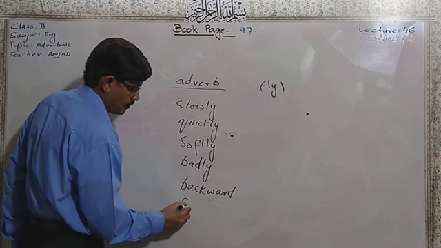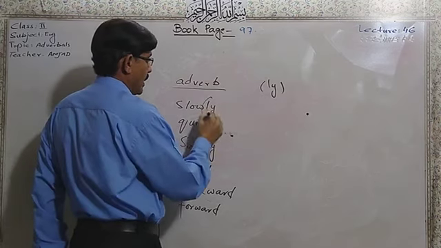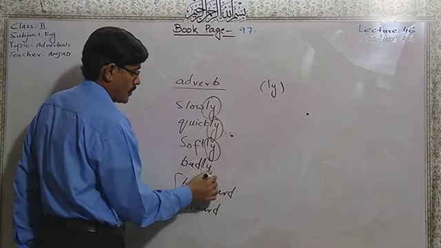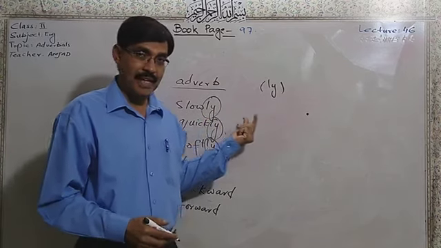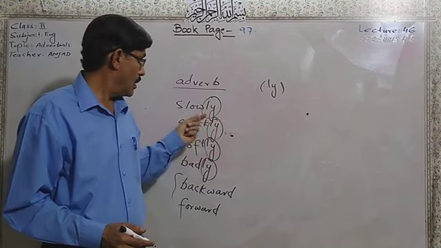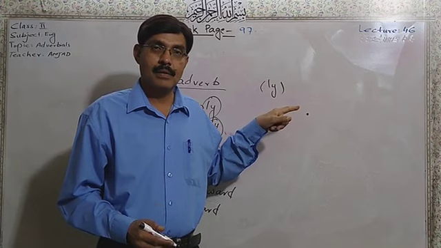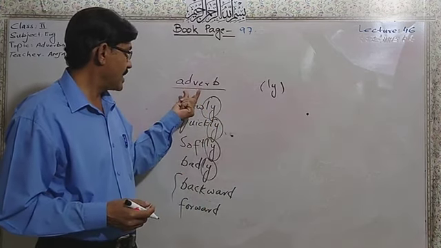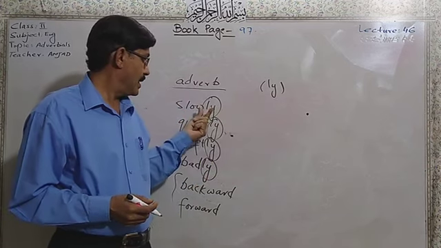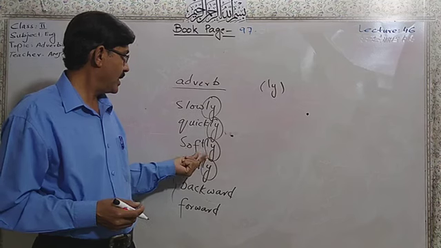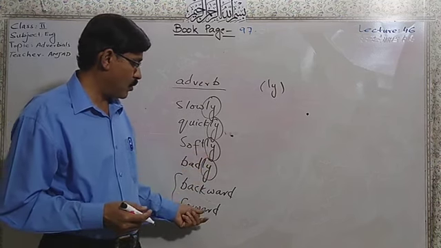When ly comes at the end of any verb, you must think that this is linked with the adverb ly. Slowly, quickly, sadly, badly, backward, forward.